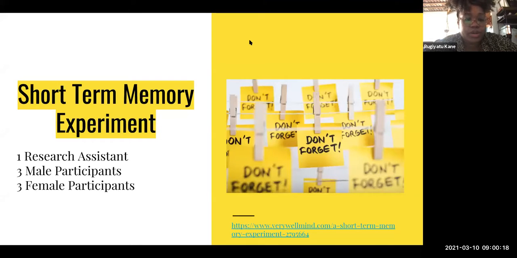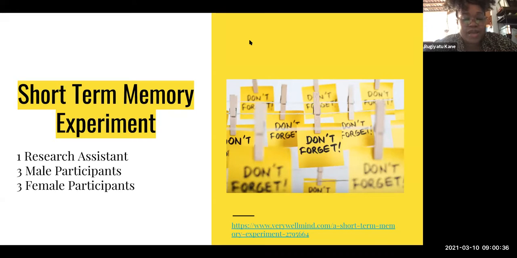Our hypothesis is that girls have a better short-term memory than boys because most of the girls in the class believe that girls or women have better memories than boys and men. That could be the hypothesis.